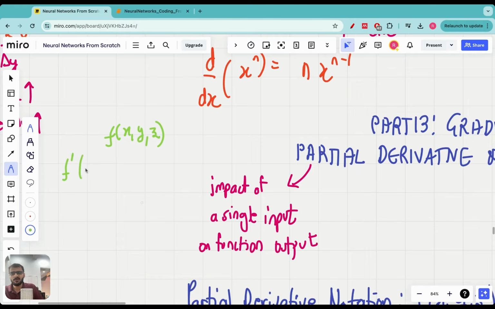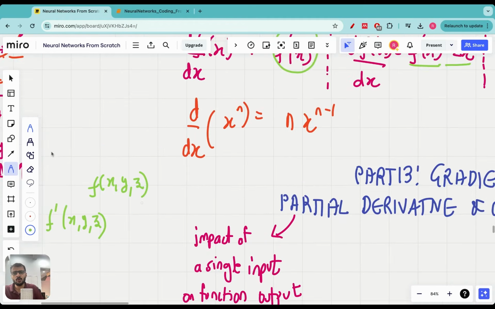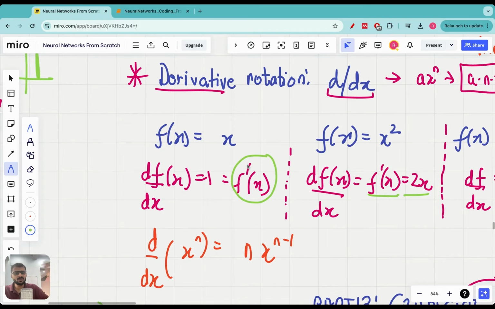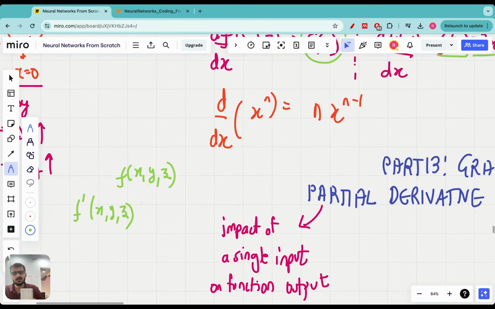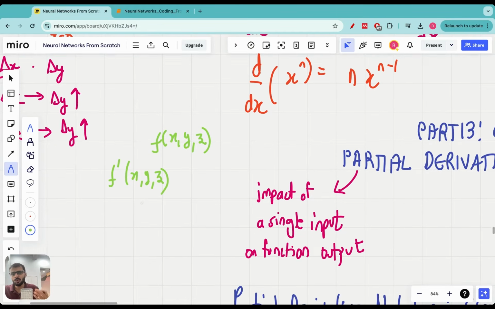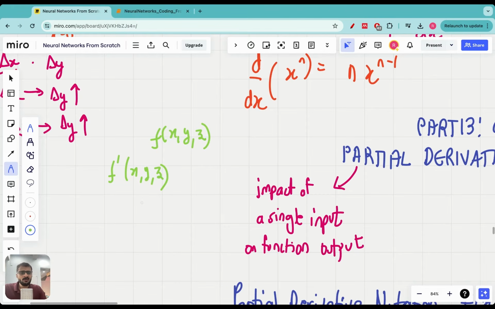Because if you just write f dash of x, y, and z, the question is that, okay, this denotes a change in f, but with respect to change in what? Remember, for just one function, f dash of x denotes the change in y with respect to change in x. But if you just write f dash of x, it's very vague because you don't know whether it's change in the function f with respect to change in x or y or z.